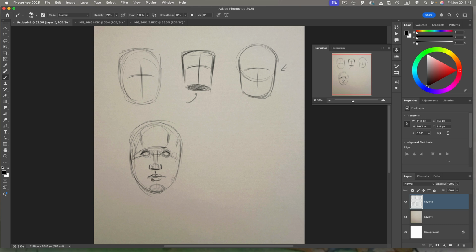And then there's our chin. The jawline is always on the same line as where the mouth is. So if you ever get confused in terms of where you should put the corner of the jaw, that's roughly where it should be.